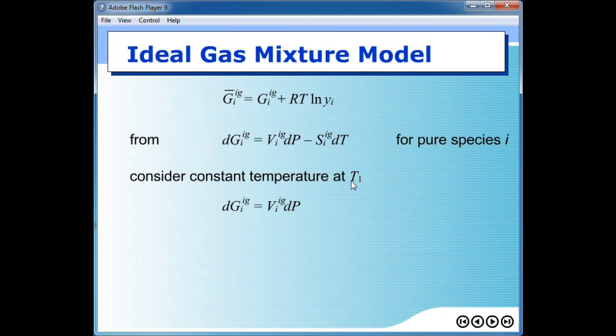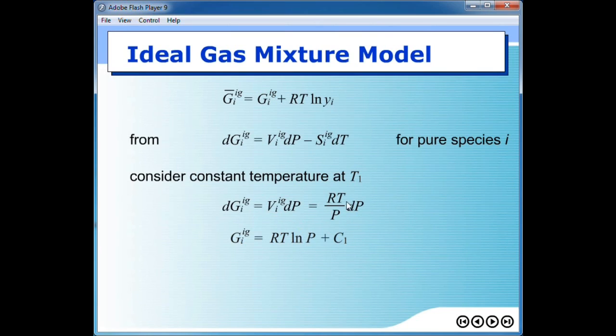If the temperature is constant, the second term here will be dropped, and then we have only these two terms left. Using the ideal gas law, since right now it is an ideal gas mixture, volume can be represented by RT over P.